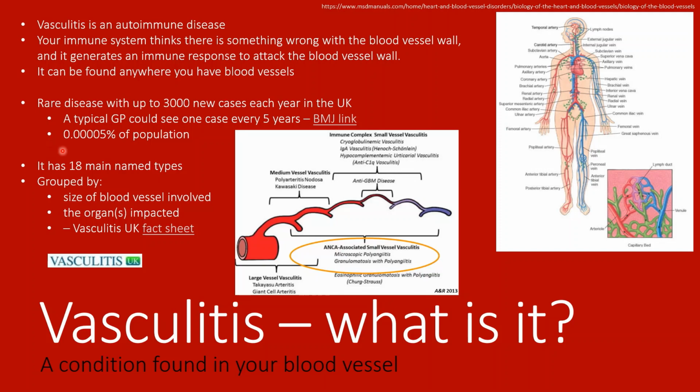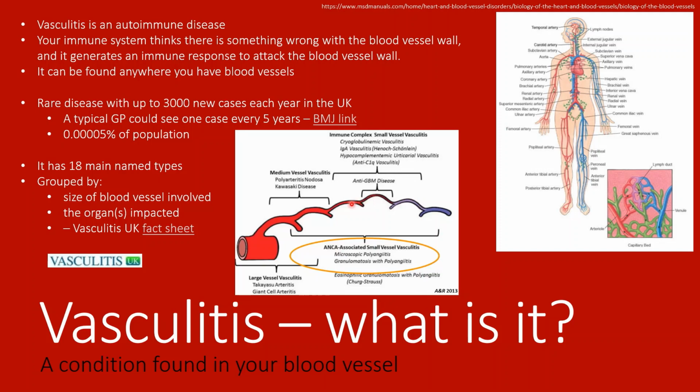Now, even though it's a rare disease, the disease itself has been split up into, well, depends on where, but it's got about 18 main named types. They're grouped by the size of the blood vessel involved, whether it's the largest one that goes in and out of the heart, or the other ones in between all the way down to the very smallest capillaries.